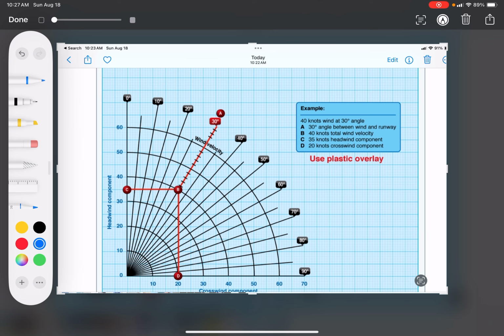It doesn't matter as long as you get a positive number. So I'm going to subtract 180 from 240 this time, and I see that that's 60 degrees. So right off the bat, without even using the graph, the runway 14 looks like it's the most favorable, because it has the least crosswind degree angle.